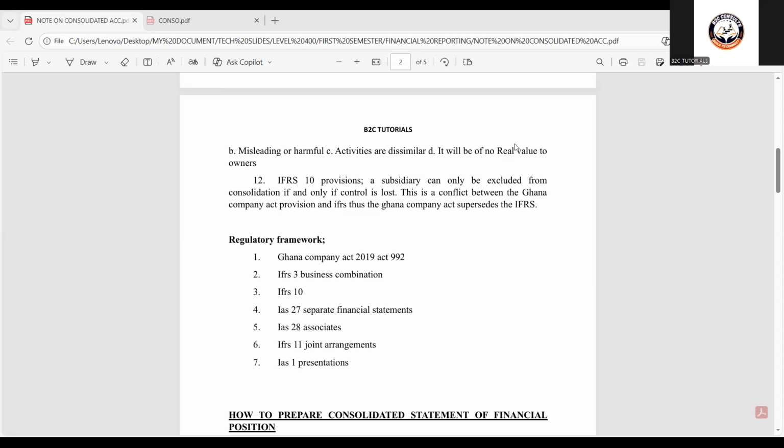Then we have IFRS 10, that is looking at the consolidated financial statement, preparing financial statements of two entities whereby a parent and subsidiary relationship exists. IAS 27 talks about separate financial statements.